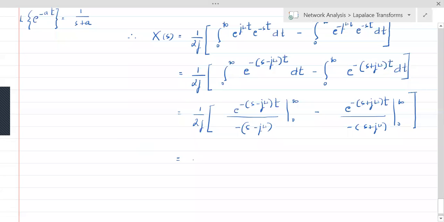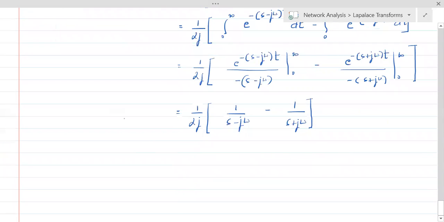If you see this after the limits are applied, it should look like 1 by s minus j omega minus 1 by s plus j omega. Okay with that? Now we take the LCM.